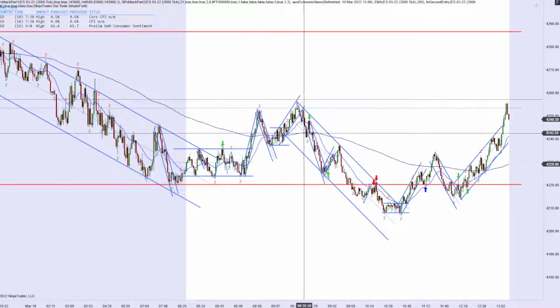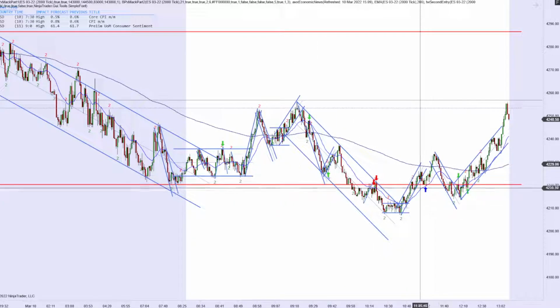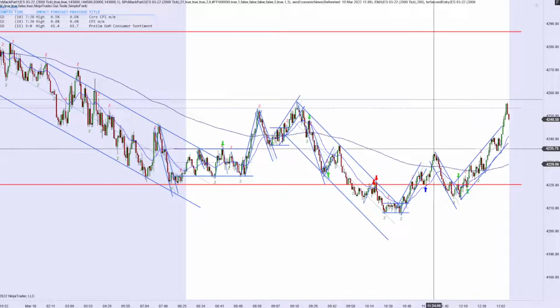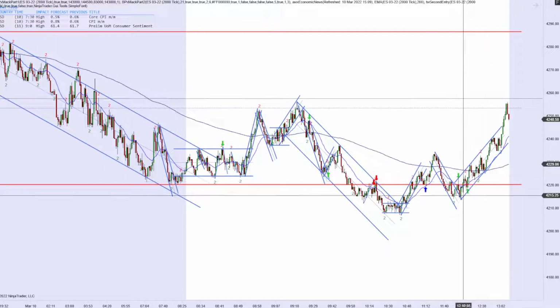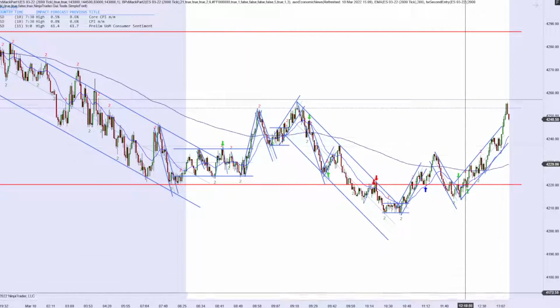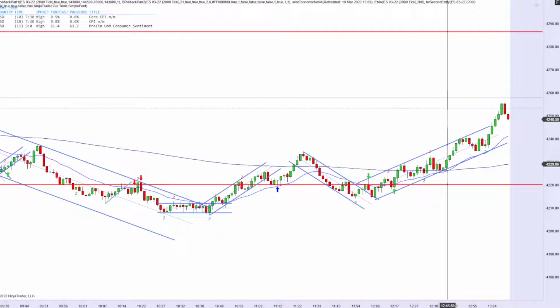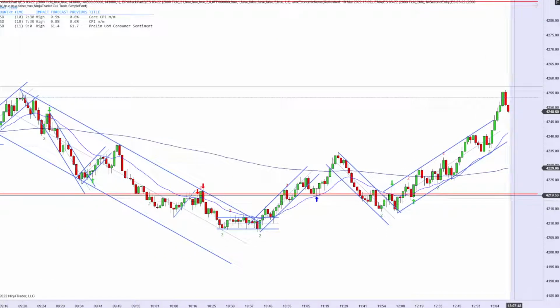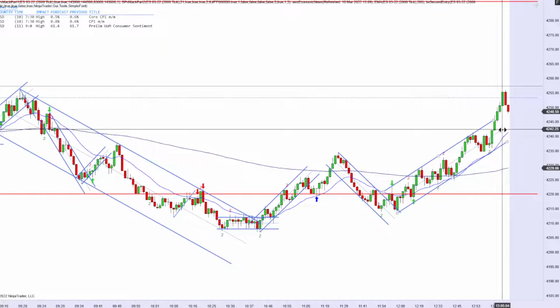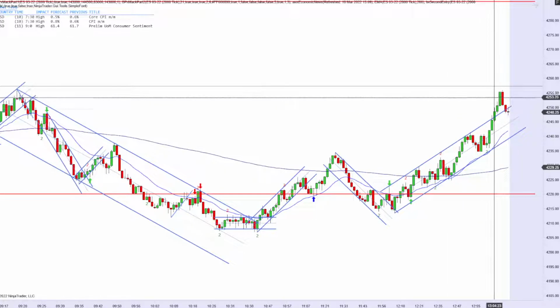Prices came, break, new low, tried for a reversal to go back long, didn't work, came back down. Now prices are reversing. Prices are holding above EMA. We could be moving to the top of this range. It could be just a range day. When we extend this, bit of an overshoot.